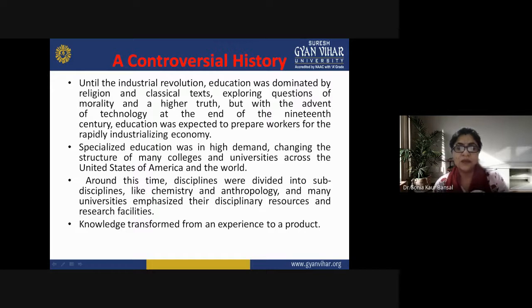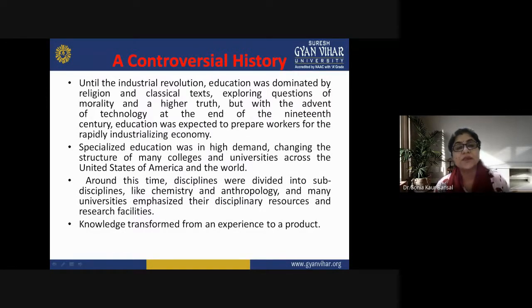In the ancient period, education was mainly dominated by classical texts or religion, but later in the 19th century, when the Industrial Revolution took place, education was expected to prepare very skillful workers for the rapidly industrializing economy in the country. So specialized education was in high demand, changing the structure of many colleges and universities across the United States of America and the world.